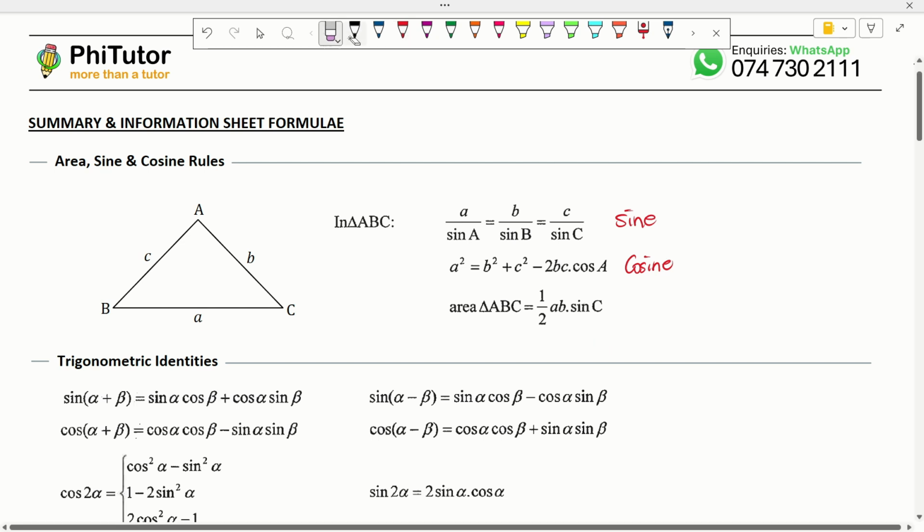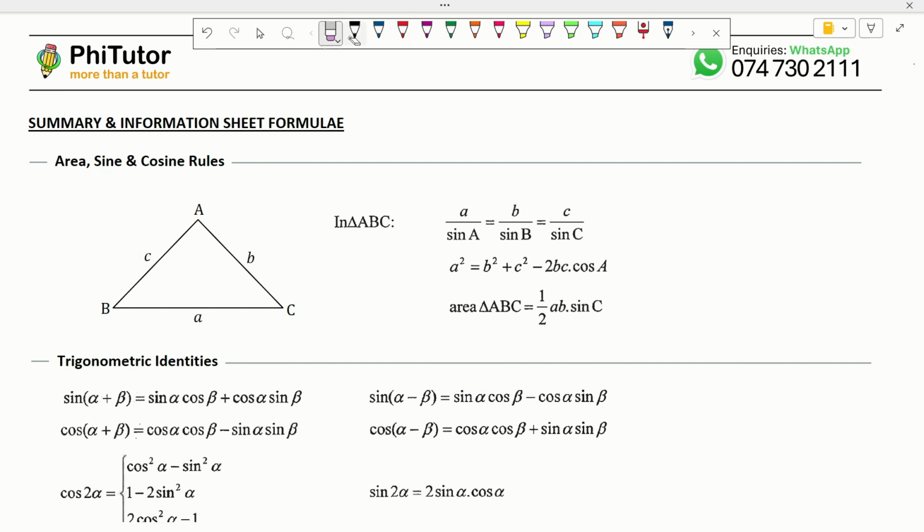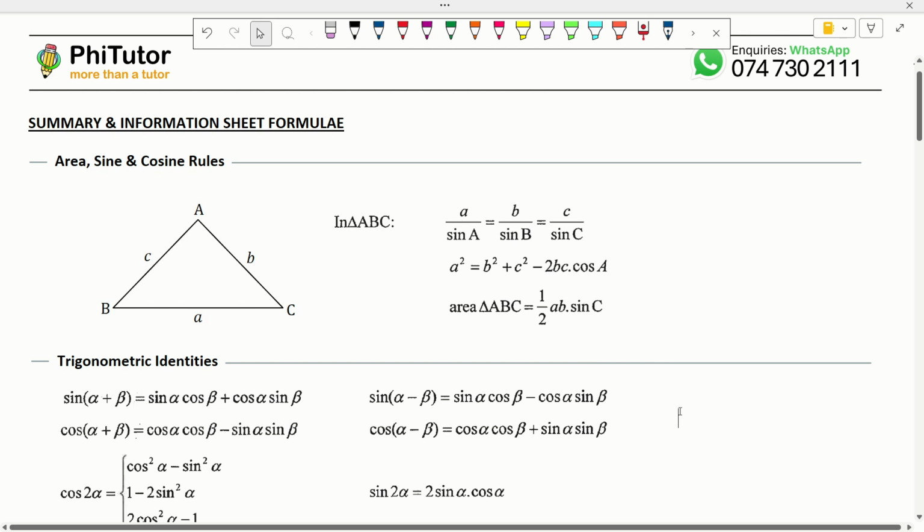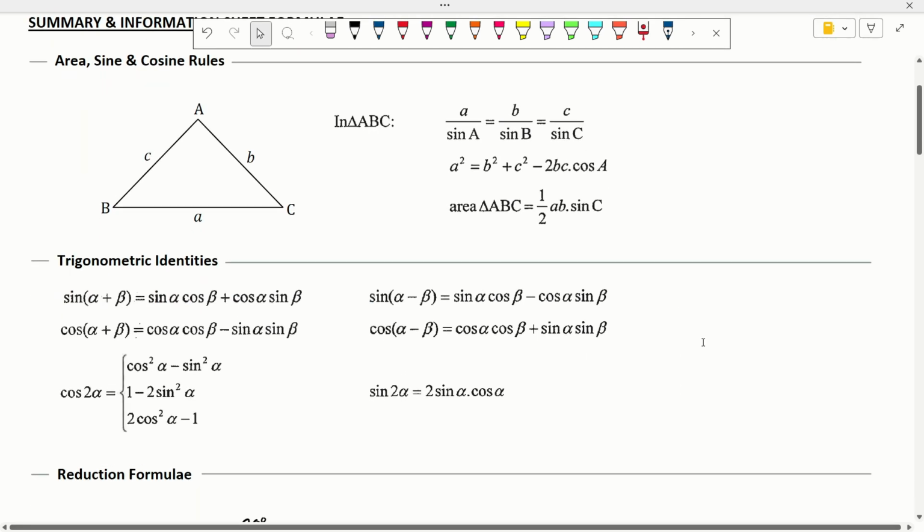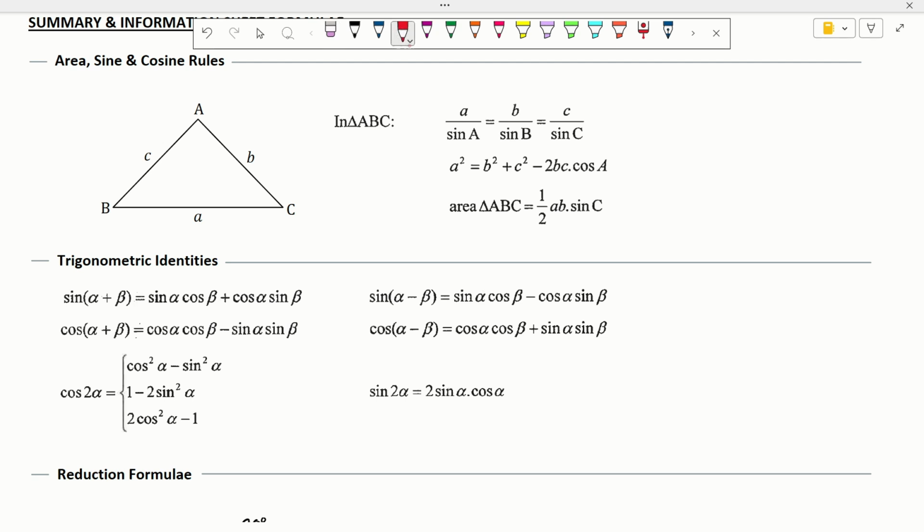Moving on, we have the equations that you'll get for trig identities for grade 12. Not the same as what you'll get in grade 11. So in grade 12, we introduce new trig identities for a compound angle. Our compound angle identities say that the sine of any angle plus any other angle will give you the sine of the first angle, cosine of the second angle, plus cos alpha sine beta.